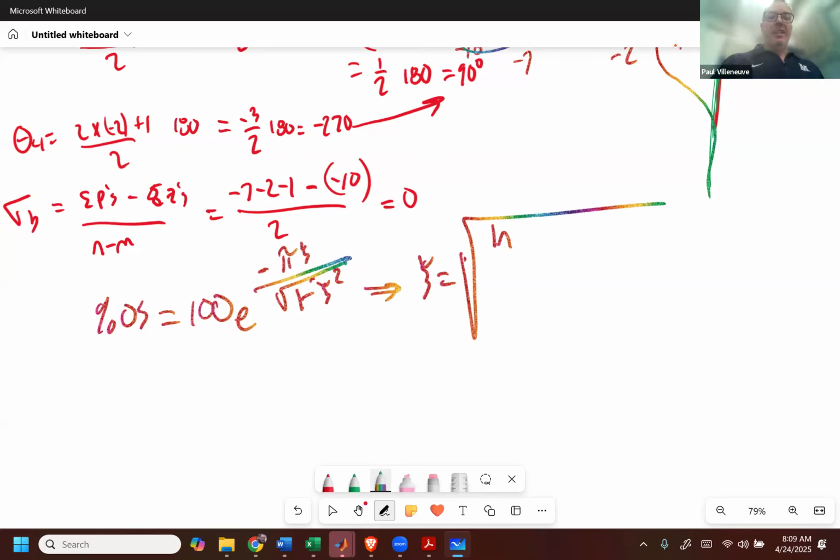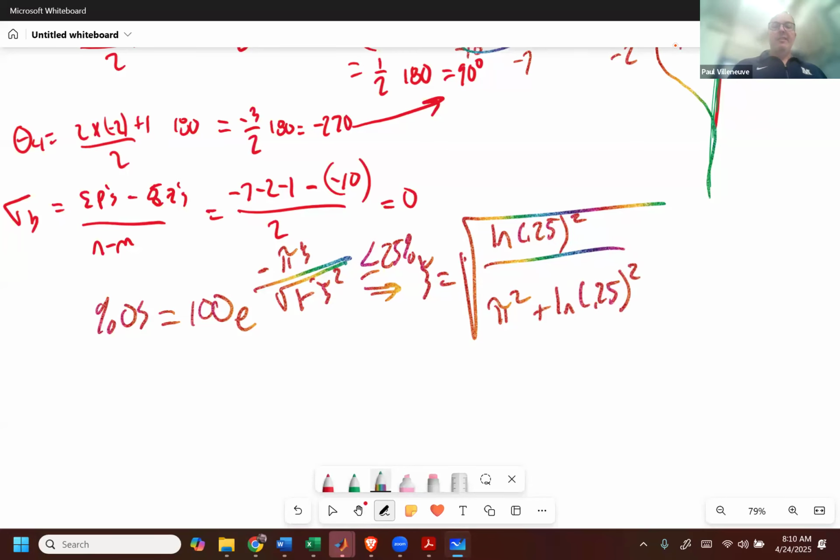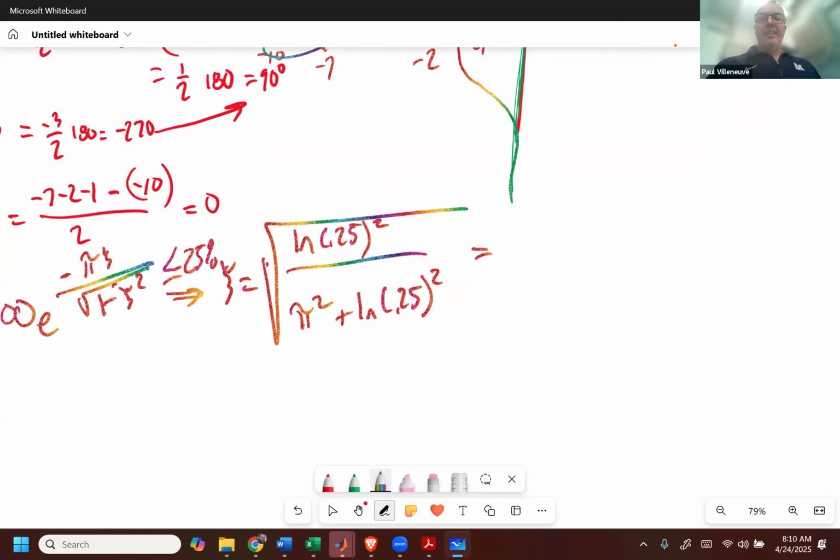And remember, this had to be less than or equal to 25%. So now this becomes the natural log of 0.25 squared divided by pi squared plus the natural log of 0.25 squared. And when I calculated that out, that was 0.404. So that's my value of zeta that it needs to be.